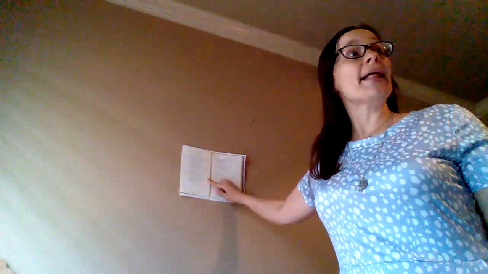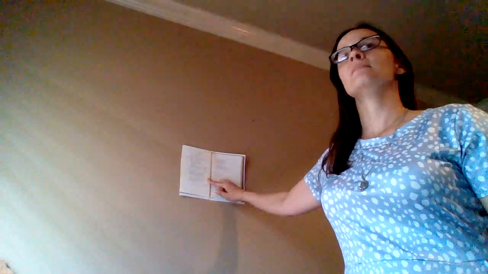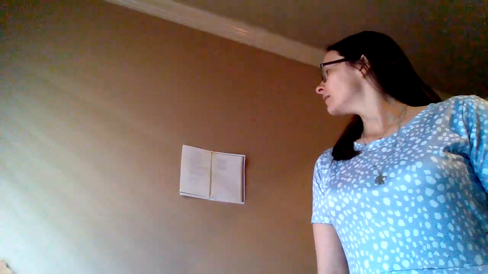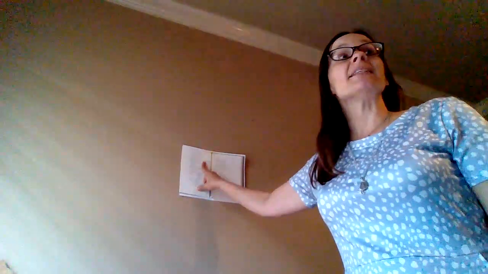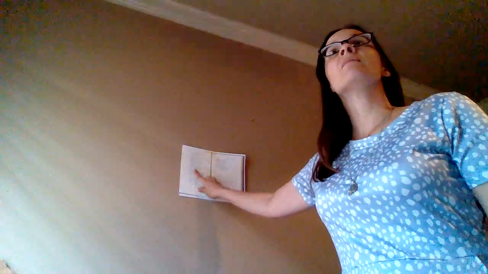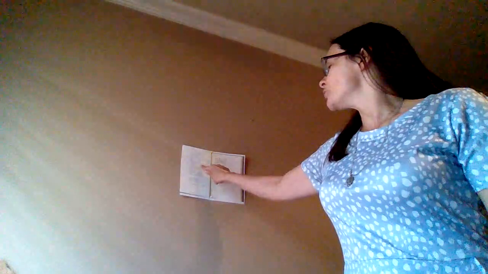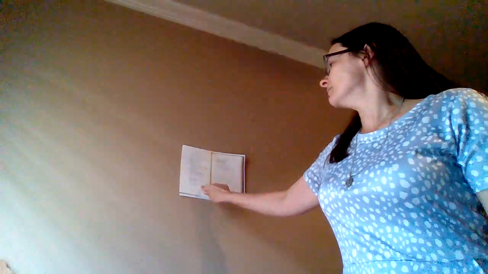So now let's keep looking at our poem to see what else we notice. Nikki, when you look in between stanzas, what do you notice? A blank space. Very good. So there's a blank space between each stanza.